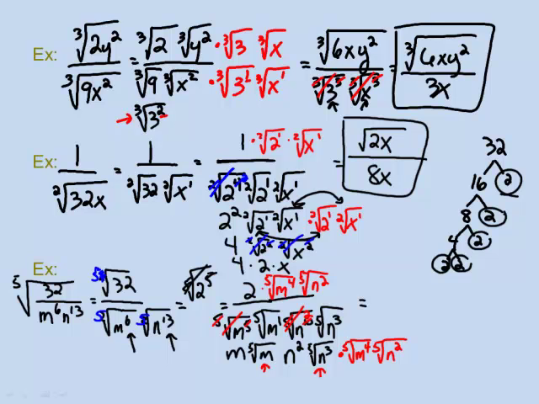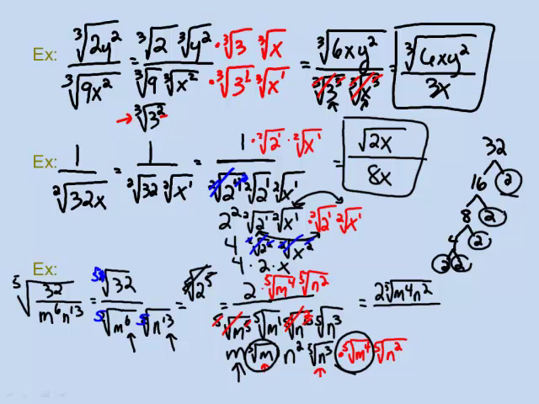And now we've got 2 times the 5th root of m to the 4th times the 5th root of n squared, which is equal to 2 times the 5th root of m to the 4th n squared in our numerator. And in our denominator, the 5th root of m times the 5th root of m to the 4th will give us the 5th root of m to the 5th, which will allow us to pull out another m.